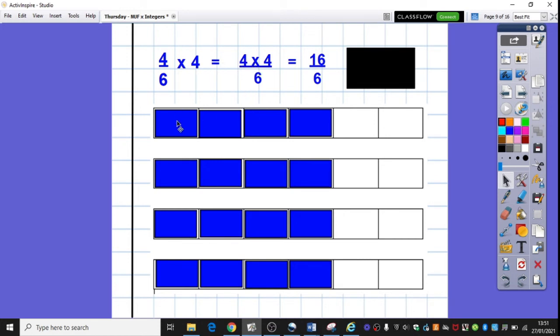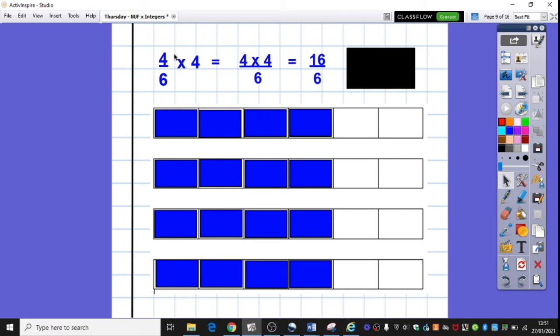So the calculation I did was 4 multiplied by 4, you can see there, 4 times 4 is 16. And I can see when I count them, 1, 2, 3, 4, 5, 6, 7, 8, 9, 10, 11, 12, 13, 14, 15, 16, I've got 16/6. So again, like last session, the denominator doesn't change.